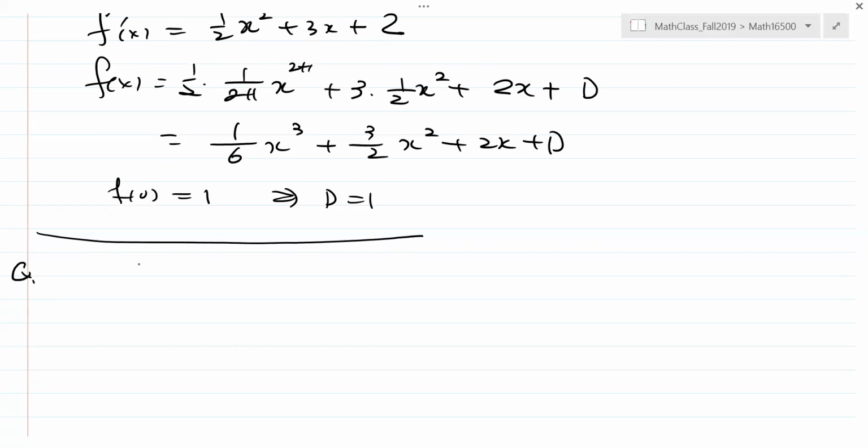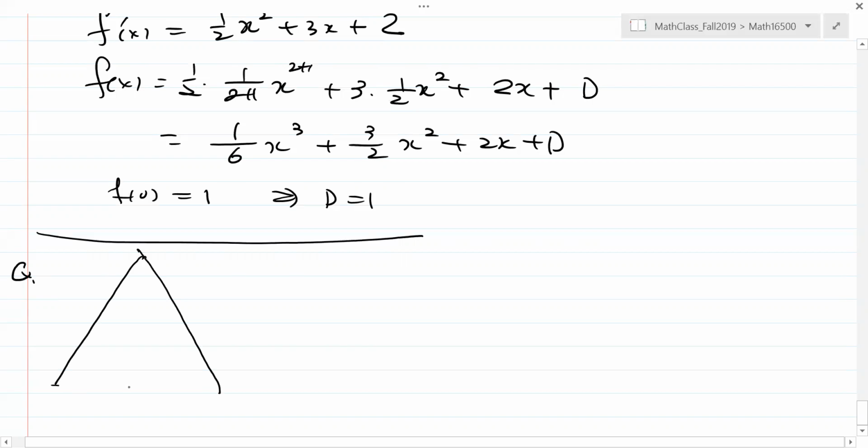Okay. So this is an isosceles triangle. Okay, it's 5, 5, 6.